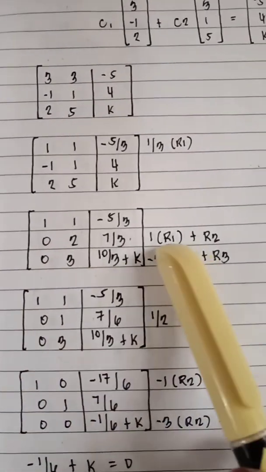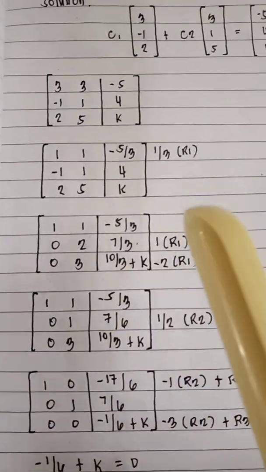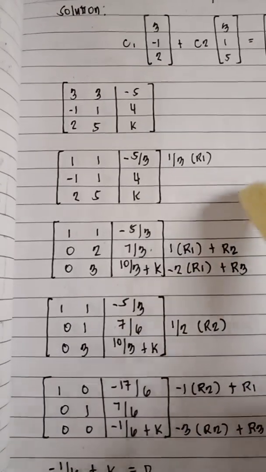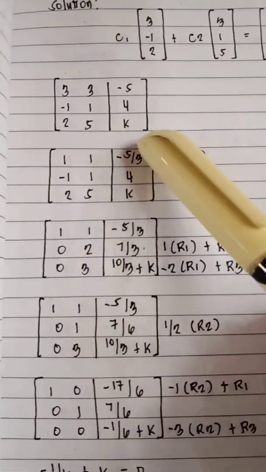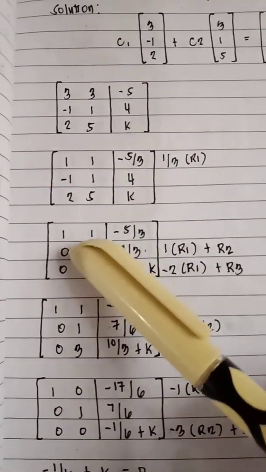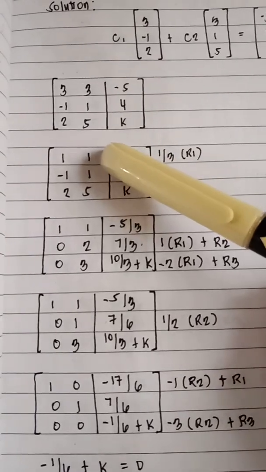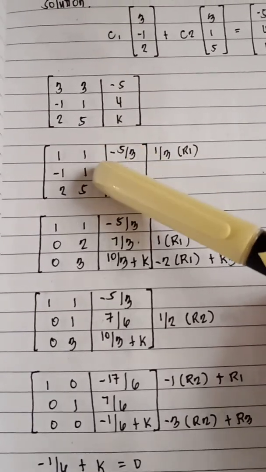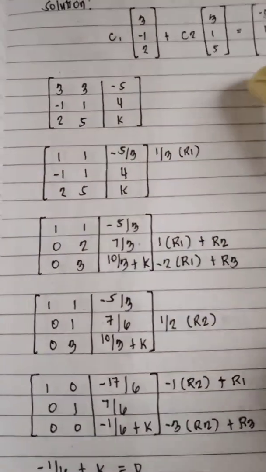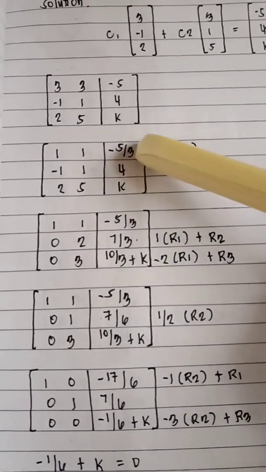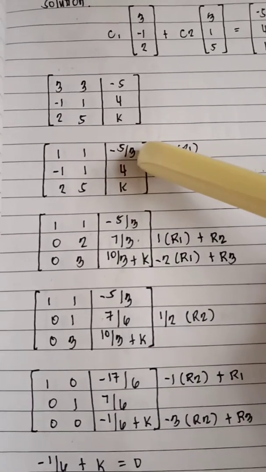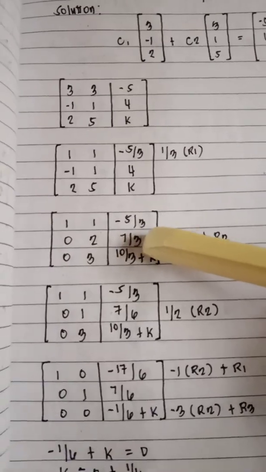In row 2: 1 times 1 plus -1 is equal to 0. 1 times 1 plus 1 is equal to 2. 1 times -5/3 plus 4 is equal to 7/3.